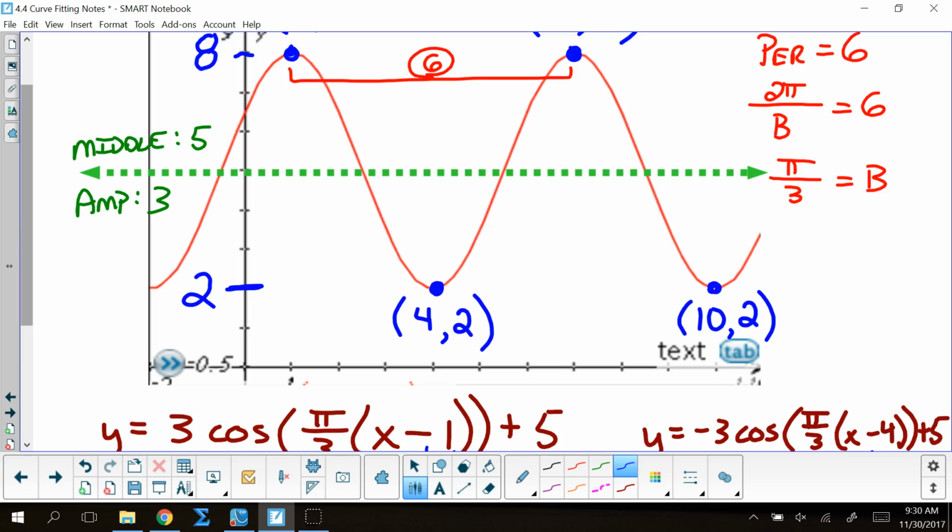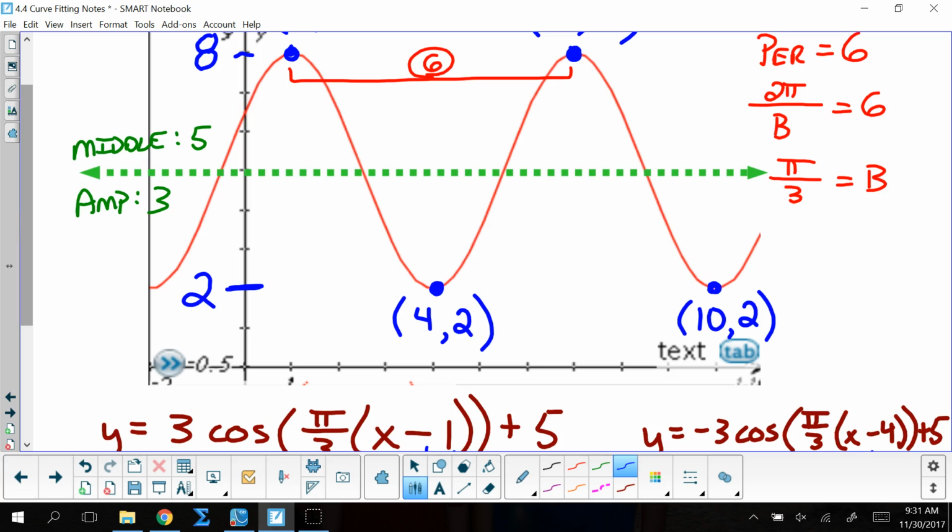Amplitude stays the same? Yep. Middle stays the same? Period stays the same? Yep. That period stays the same too. What's the only thing that's different? Start. Where am I looking now for the start? I'm looking on that middle line, right?